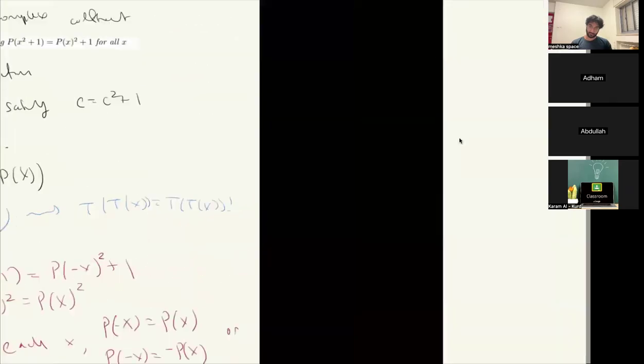Okay, what I mean is this. Let's say I have a problem that's like: show f of x, let's say f is some function, is either even or odd.